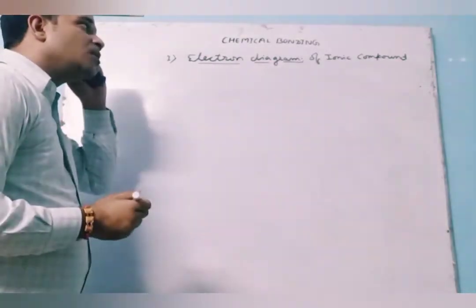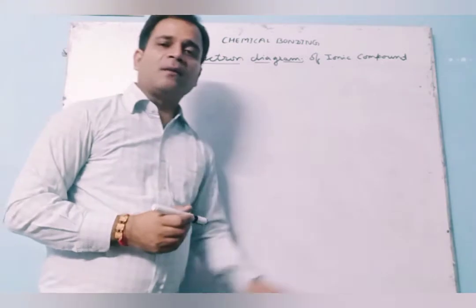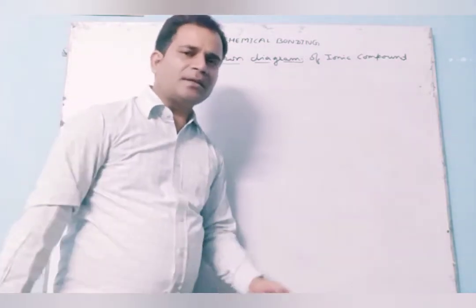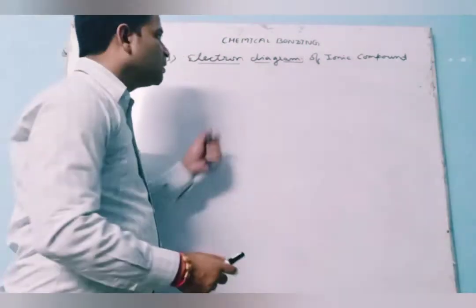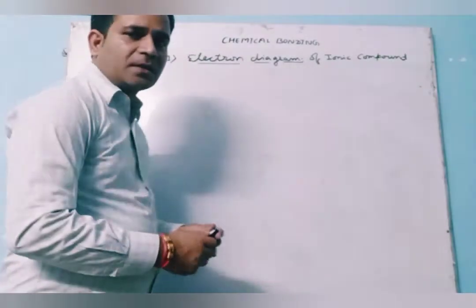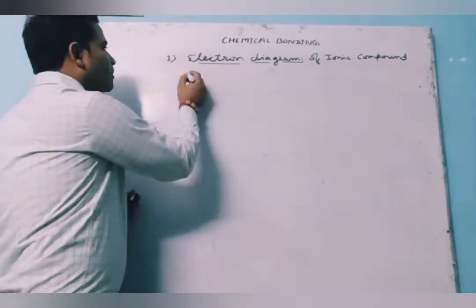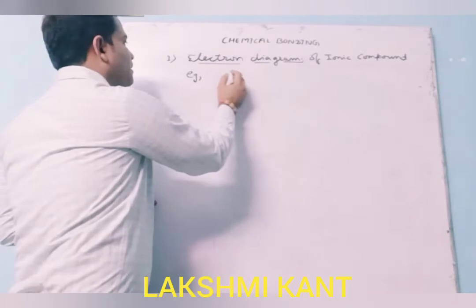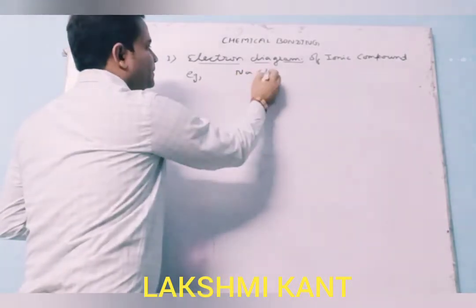So how do we make the electron dot structure? By giving an example, take an example of NaCl.